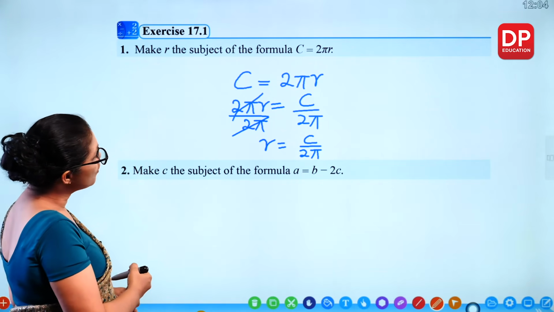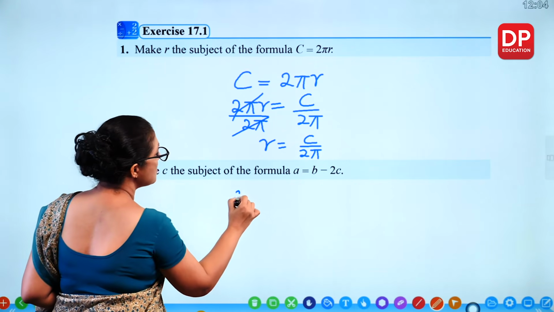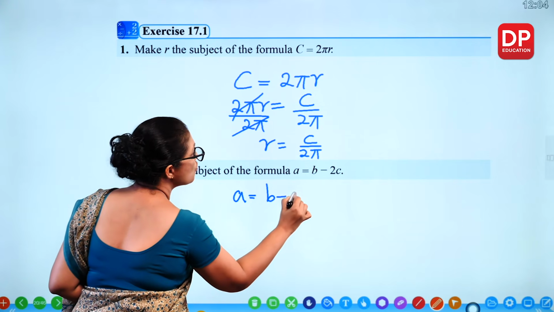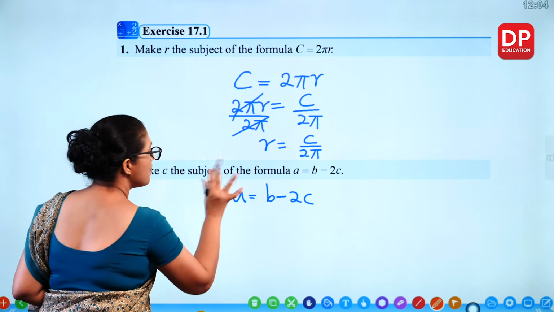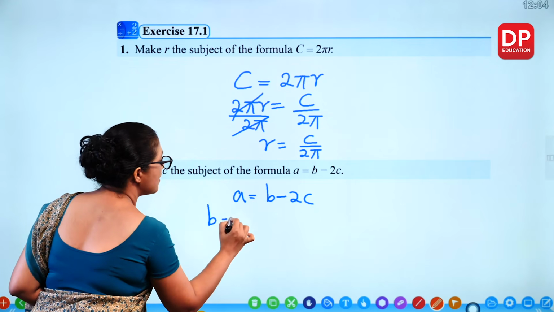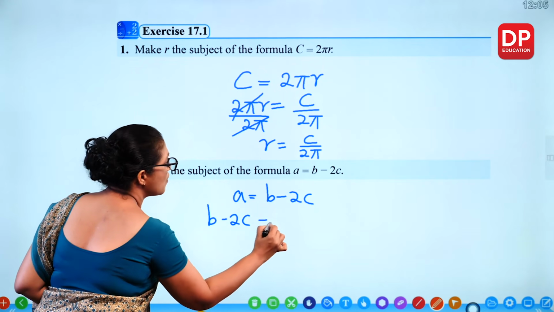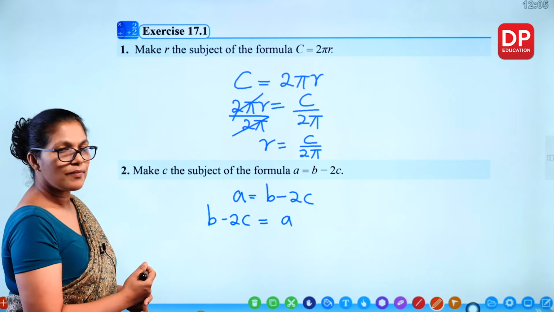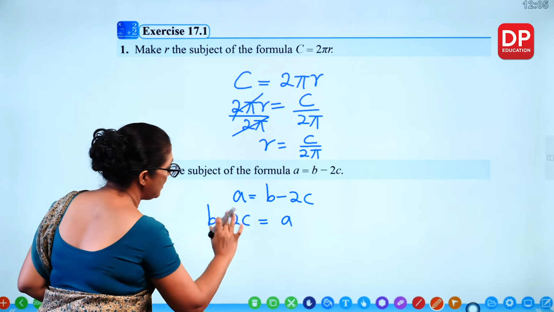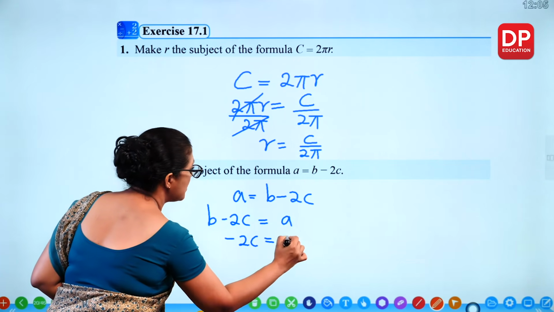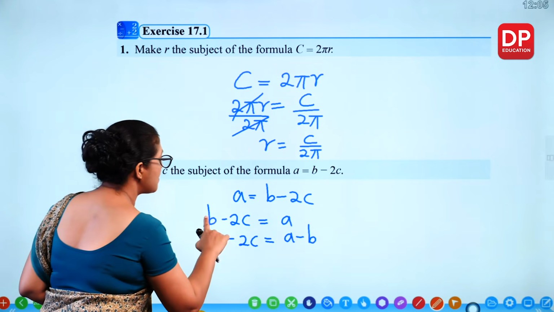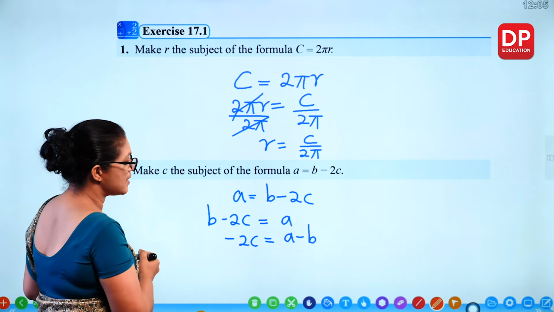Make C the subject of the formula. A equals B minus 2C. I need C. So keep this one here. B minus 2C equals A. I'll keep 2C here and take B to the other side. Minus 2C equals A minus B. We are taking B to the other side.